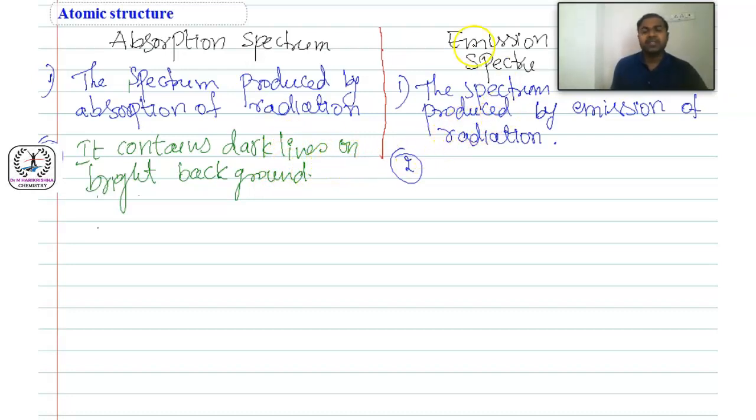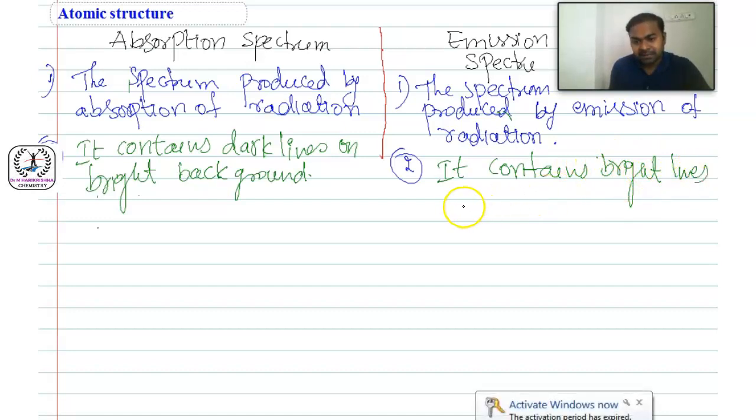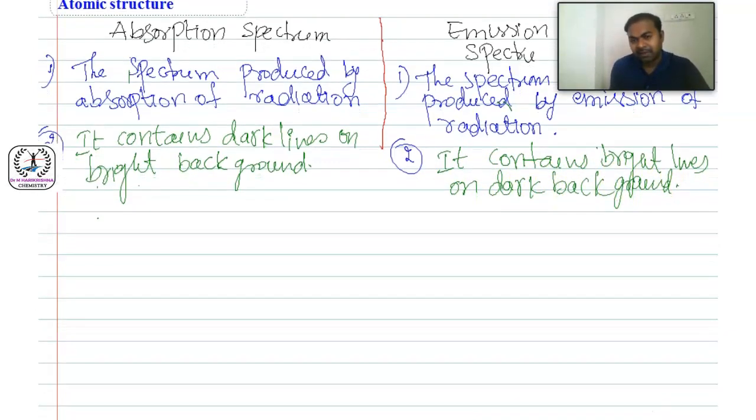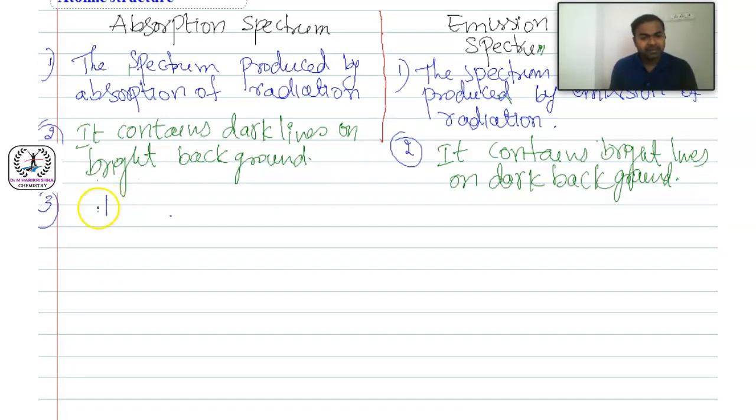Then emission spectrum is the reverse. It contains bright lines on a dark background. The spectrum is discontinuous.